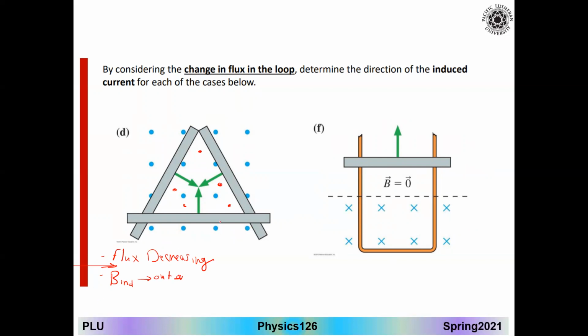To find the induced current direction, we use the right hand. For that direction, the induced current is counterclockwise.